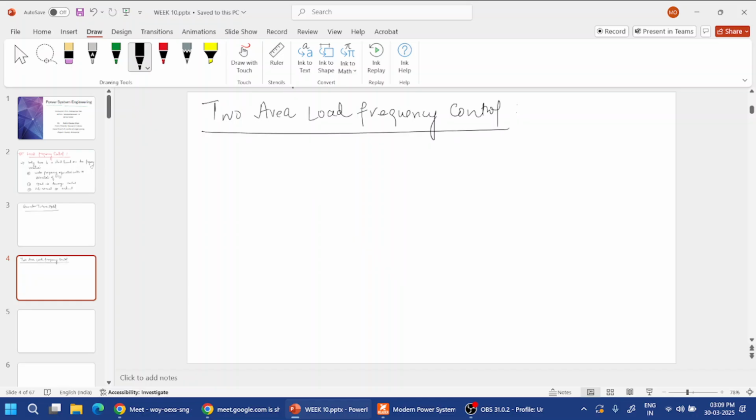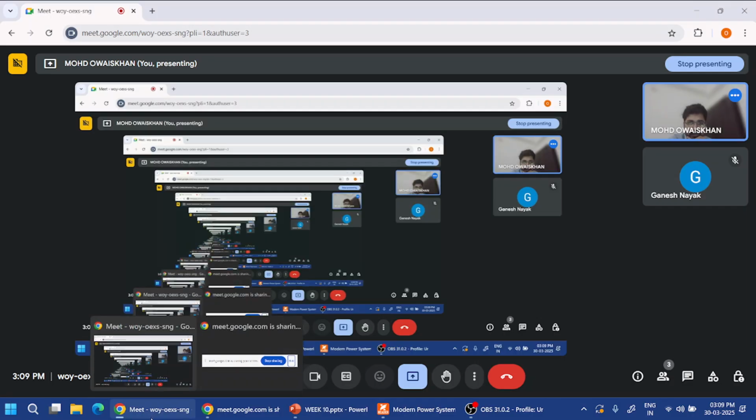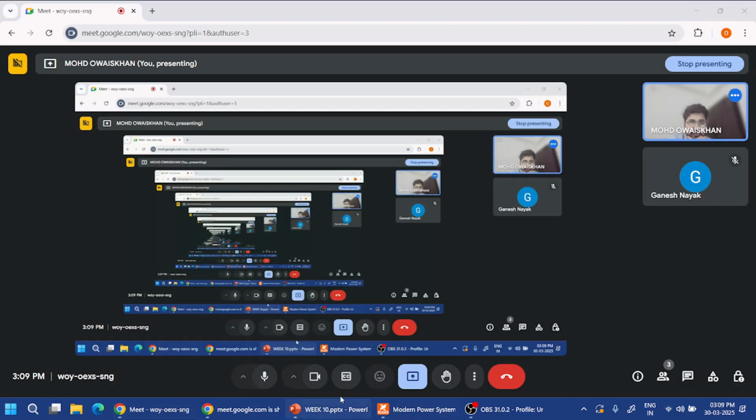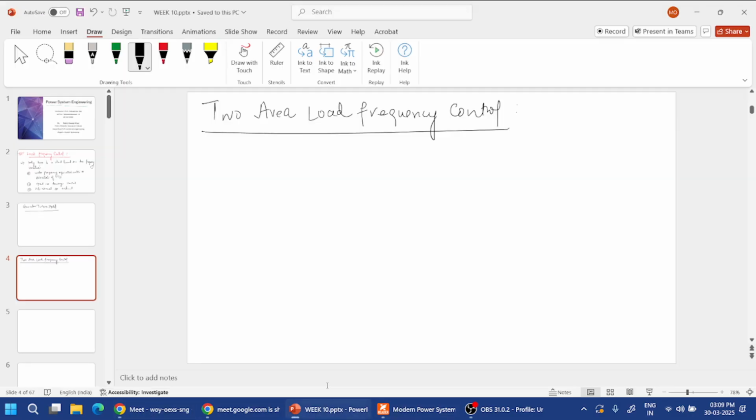Let's say there is an extended power system and it is divided into two areas.